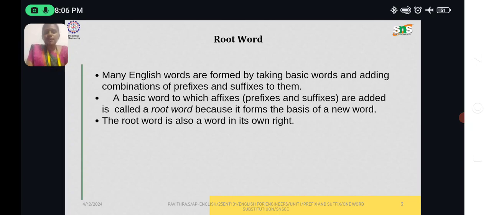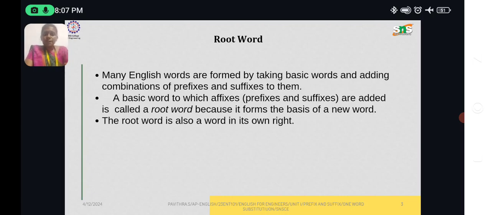Okay, in the next line, from the root word itself we can make many new words, right? Many English words are formed by taking basic words, in the sense root words, and adding combinations of prefixes and suffixes to them. Prefixes and suffixes in the sense we are adding some letters to the root word and we make a new word, right? So that is what the new words are.